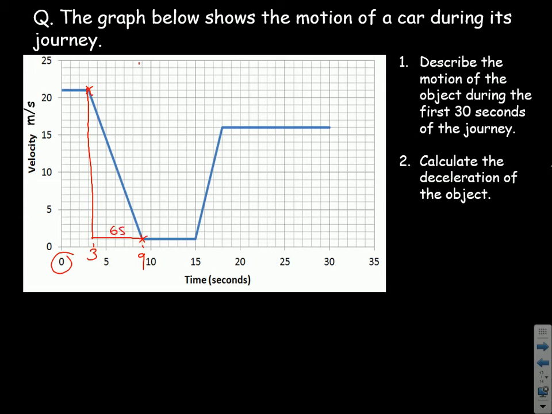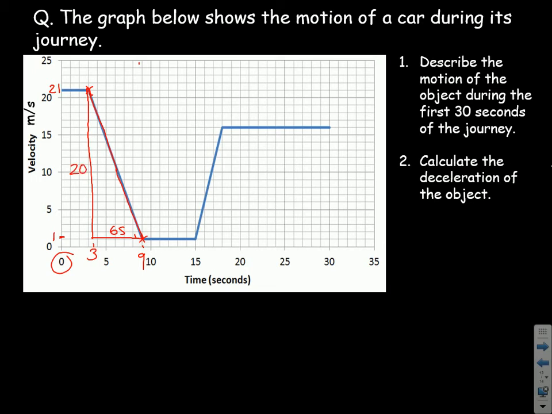And it has dropped from 21 meters per second up here all the way down to here, and that point is at 1. So it's dropped from 21 to 1, therefore its drop is 20.